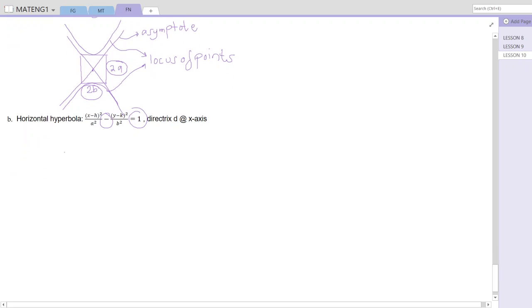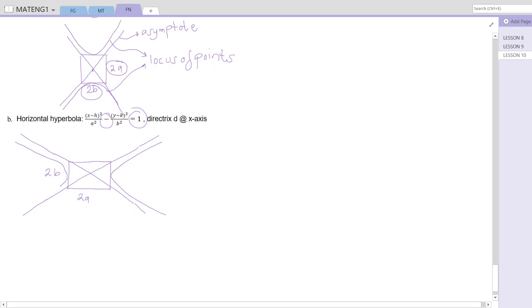The same with the horizontal hyperbola. We draw two intersecting lines. So that is 2a here, which is longer than the minor axis, which is 2b. This one will be the asymptote, and the curve opens to the right and to the left.